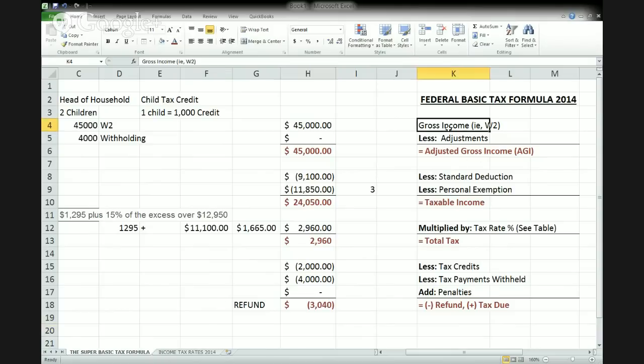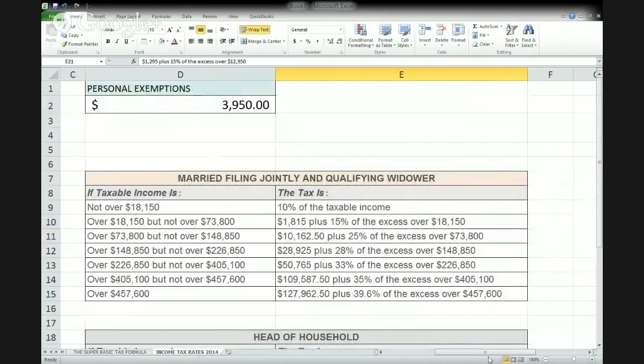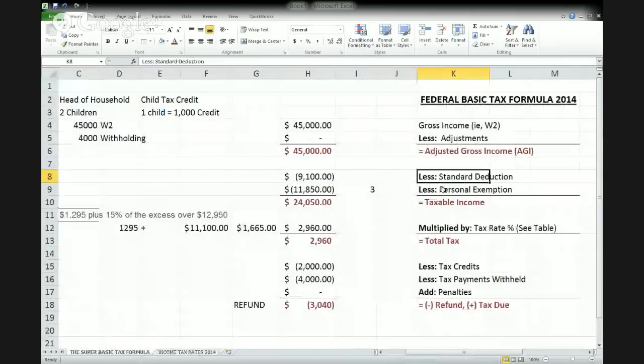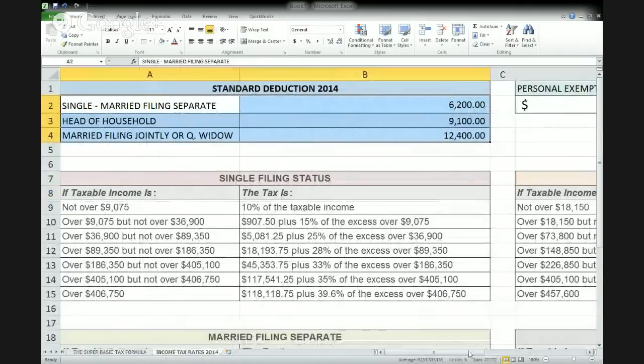Again, we put our gross income, we reduce any adjustments we may have, and we adjust the gross income. Then we reduce the standard deduction, which is a number given to us by the IRS every year. It usually goes up every year as well, depending on your filing status. Reduce it by your personal exemption. For every person you have in the taxes, there's $3,950 that you can reduce.